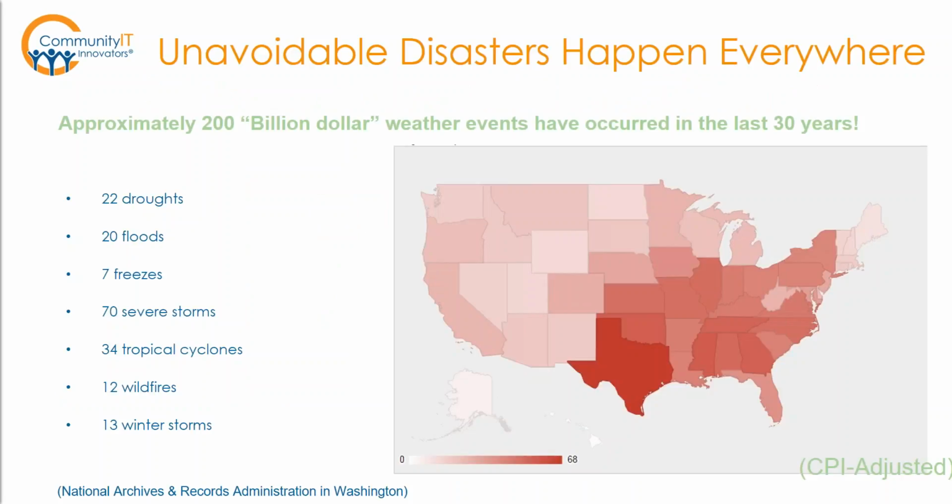And again, unavoidable disasters happen everywhere. As Steve mentioned, here in DC, we're kind of snowbound for weeks on end. It's interesting with the advent of the cloud and the ability to do work from anywhere, a lot of organizations have adapted, and their policies reflect that.